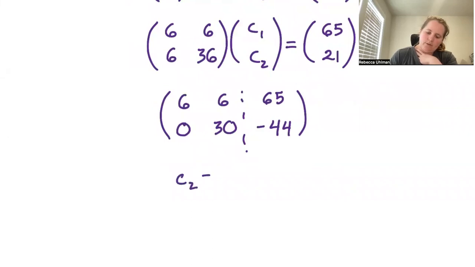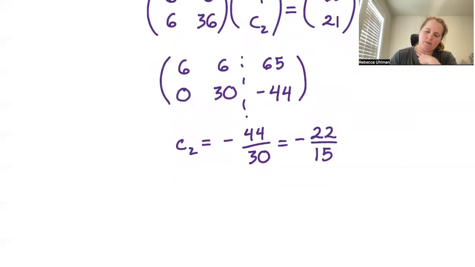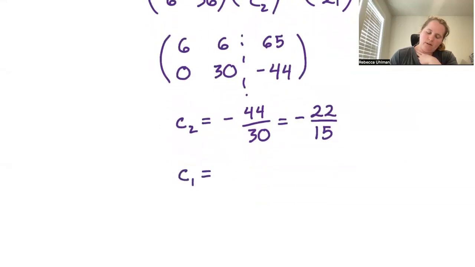So we get C2 would be negative 44 30ths, or negative 22 15ths. For C1, taking a slightly different route, our first row would be rewritten as 1, 1 and 65 sixths. So we have C1 plus C2 is 65 sixths.